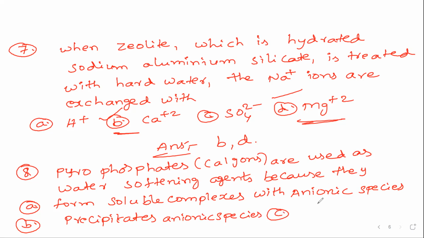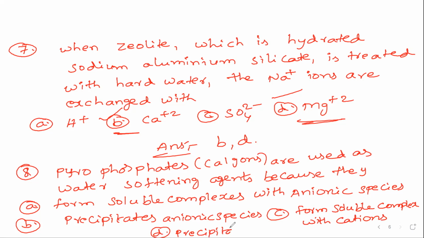Option C, form soluble complexes with cations. And option D, precipitate cationic species.